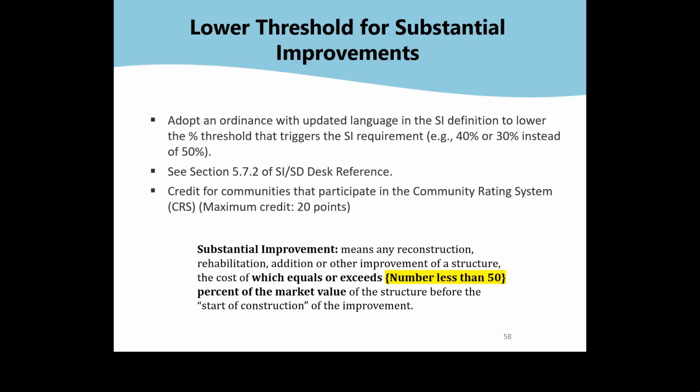Again, there's more information in the DOS reference. There is credit for this activity under CRS as well, but it's only 20 points. But this is a lot easier to do. If you want to make the change, you're just decreasing the percentage from 50 to something below that. So it's pretty straightforward.